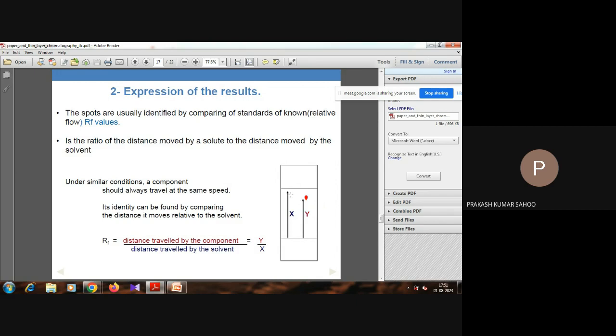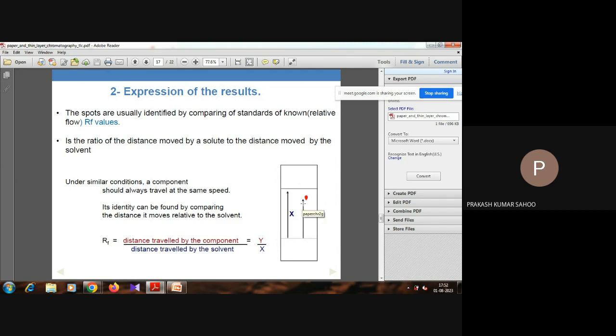The maximum value of RF will be 1, because for Y by X the maximum value will be 1. If the RF value of the component is close to 1, that means the component has lesser polarity. And if it is lesser polarity, that means the distance covered is maximum.